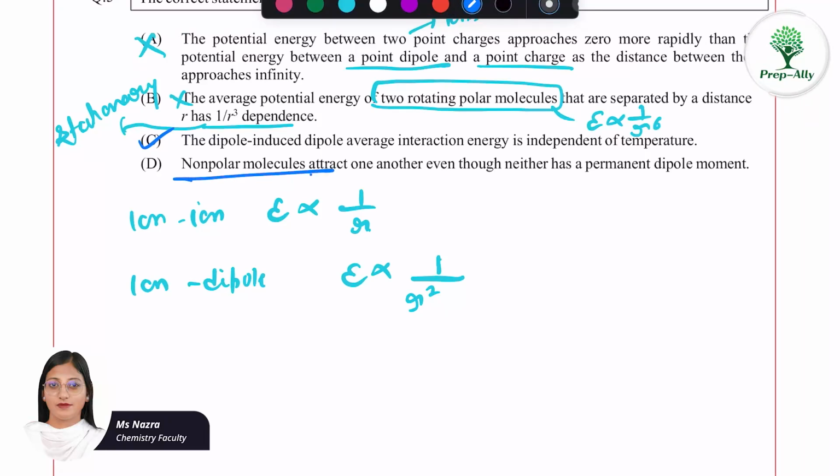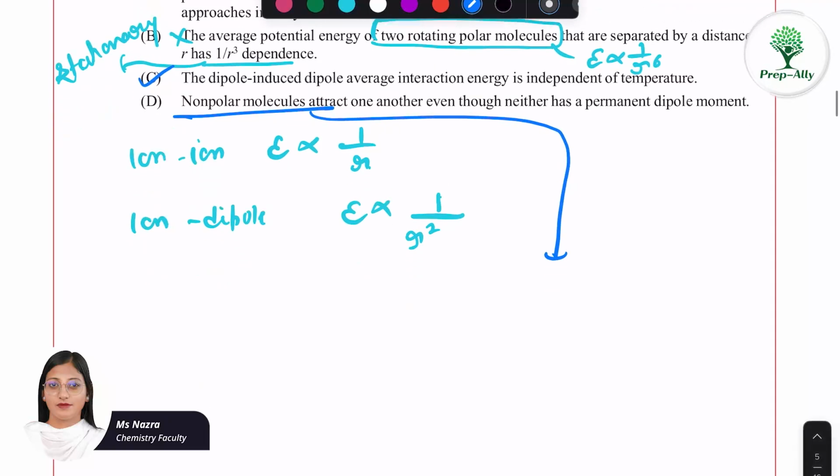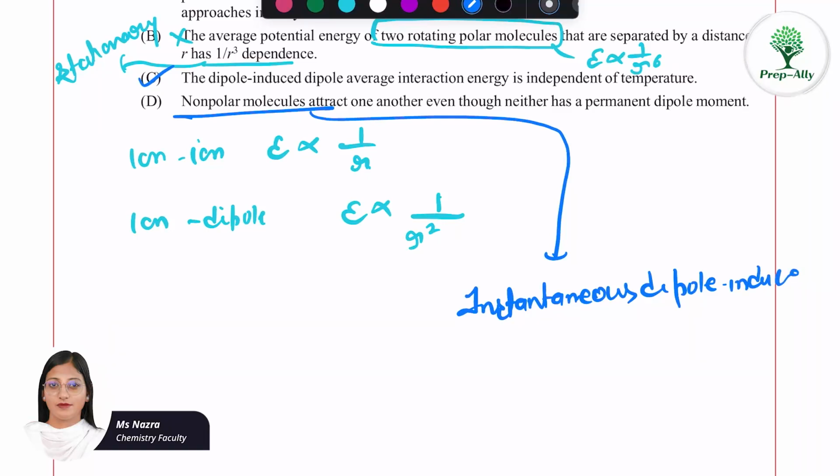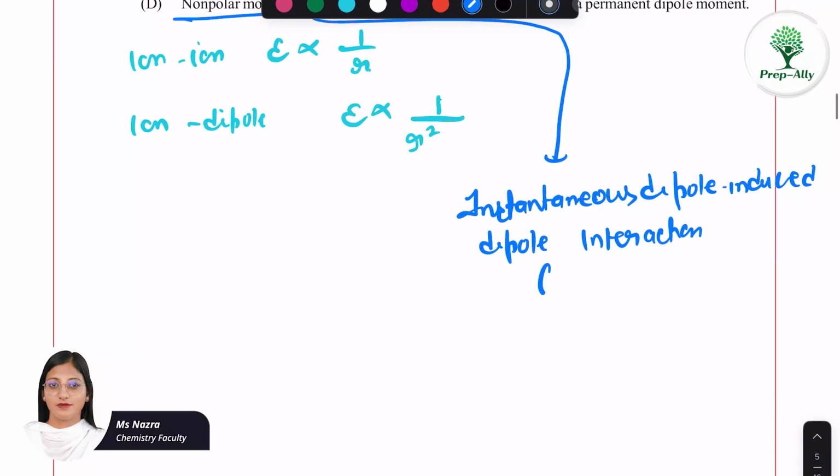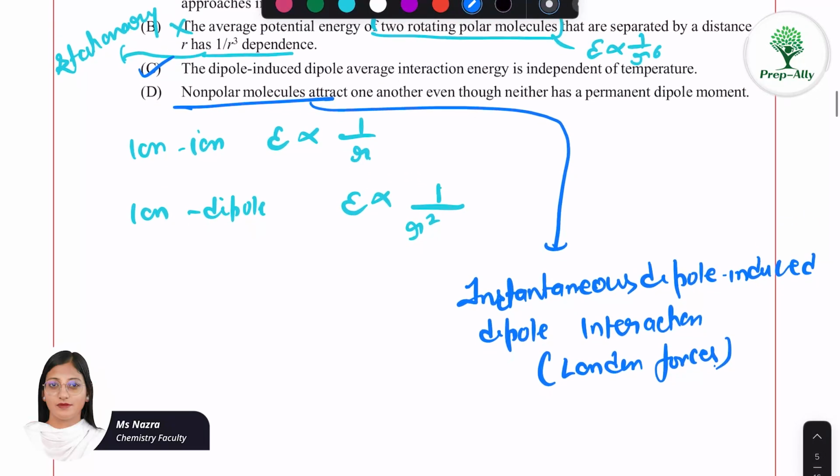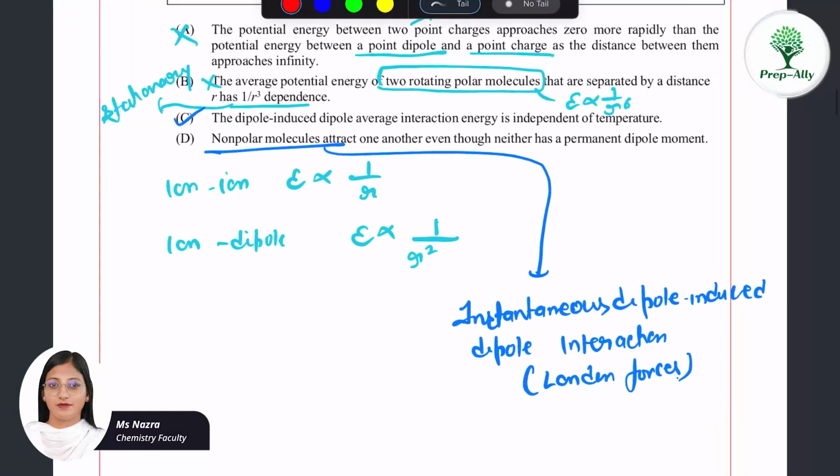In case of non-polar molecules we have seen the instantaneous dipole-induced dipole interaction, which we generally call London forces as well. So what happens?